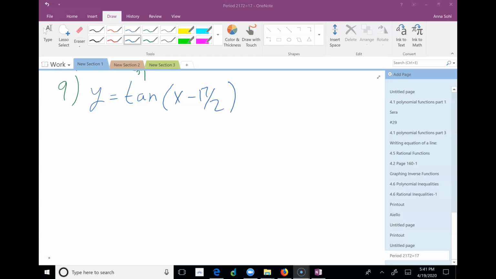Okay. Y equals tan of x minus pi over 2. If you look at the first question, the graph of tan, we say the period for tan is pi.